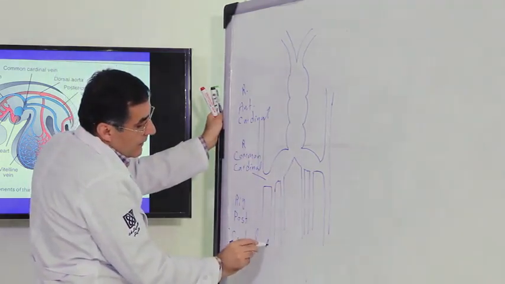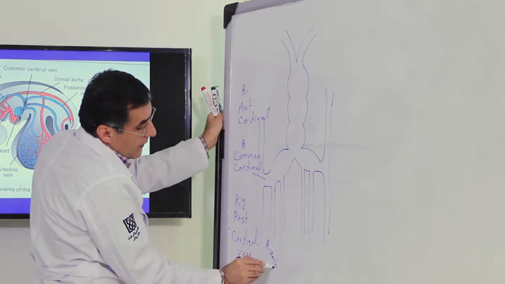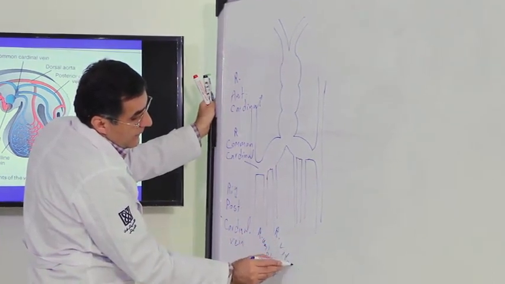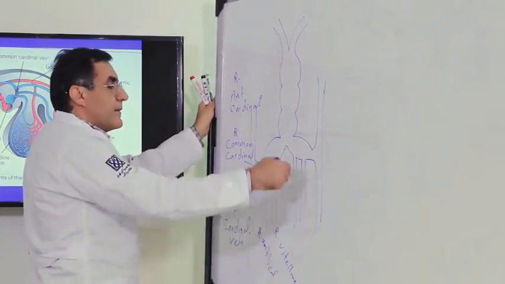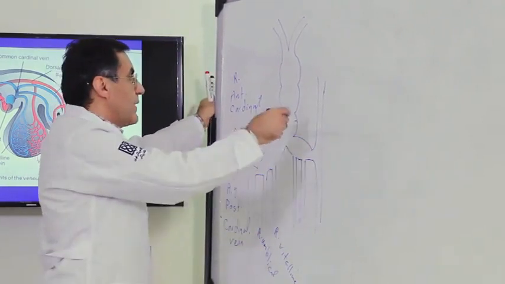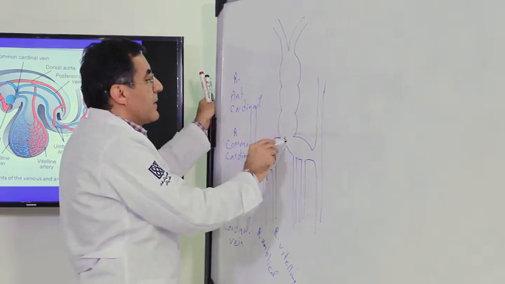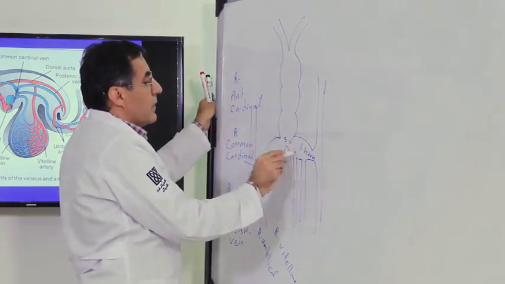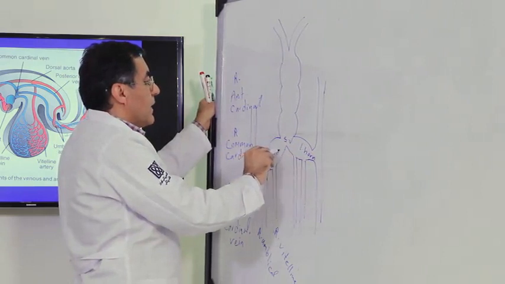This one is a right umbilical and right vitelline vein, and the opposite side has the same names. This is the sinus venosus, left horn and the right horn of the sinus venosus.